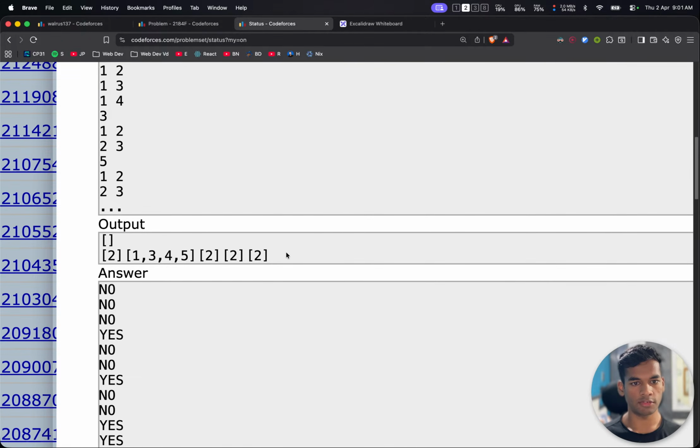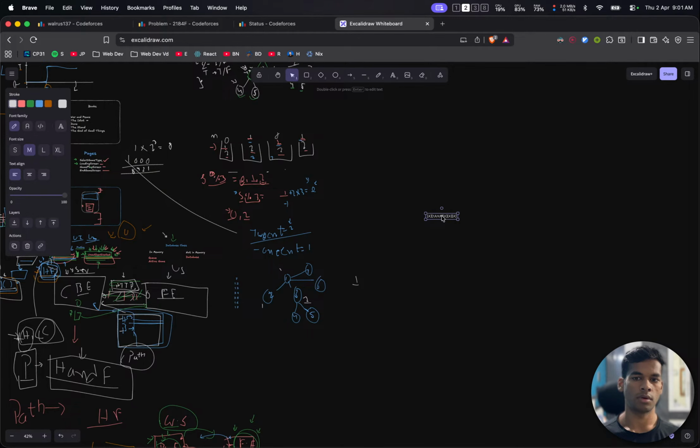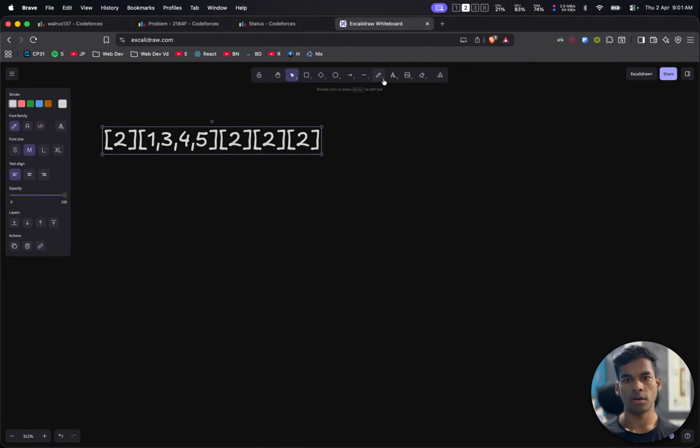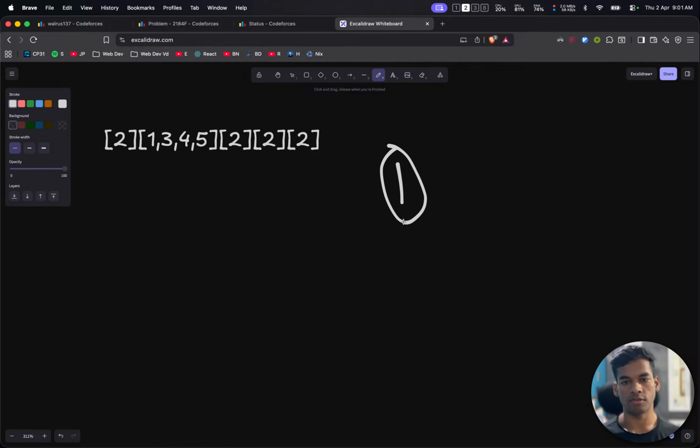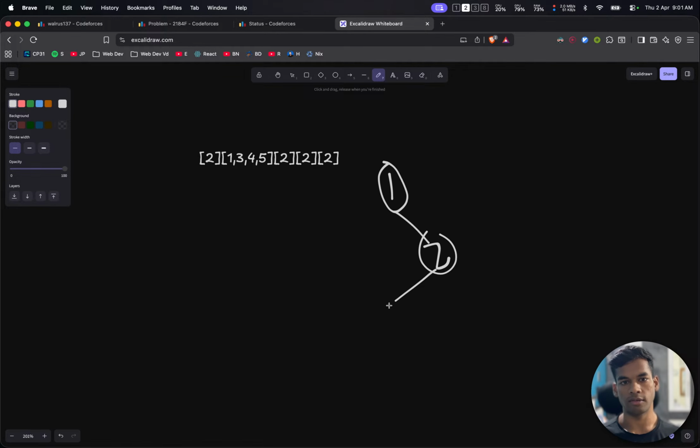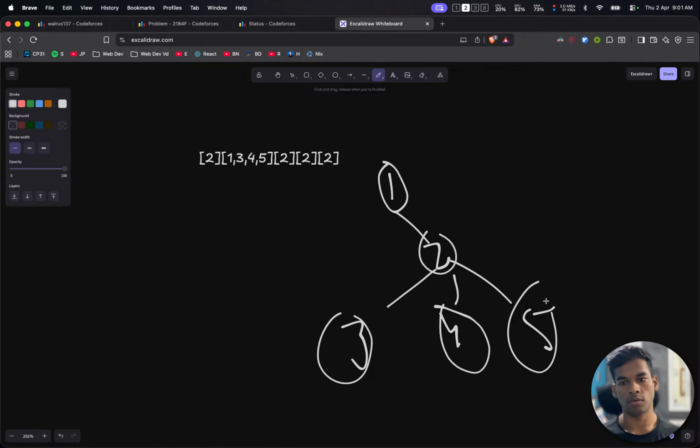The test case is this: 1, 2. This is a crazy statement. The tree for this would look like 1 is just connected to 2, and then 2 is connected to 3, 4, 5.